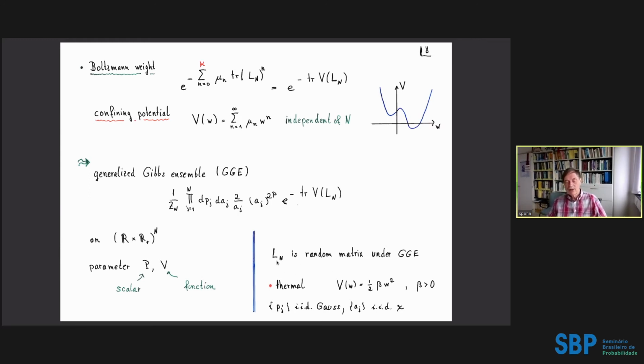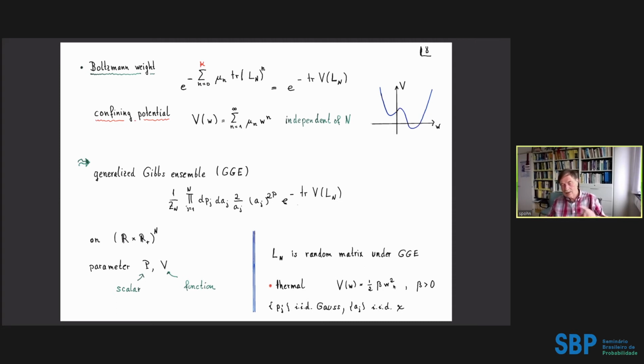Before doing any analysis, you see that under the Gibbs measure this matrix becomes random, because the entries are now distributed according to that very particular measure. In the thermal case, it would be this very particular form. And in this case, I can say explicitly what that distribution is. It just means that I look at the random matrix where the diagonal is IID Gaussian. It just comes from this factor here.